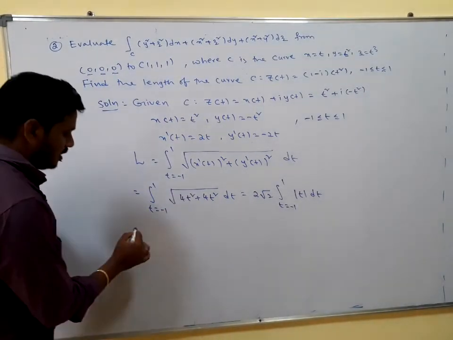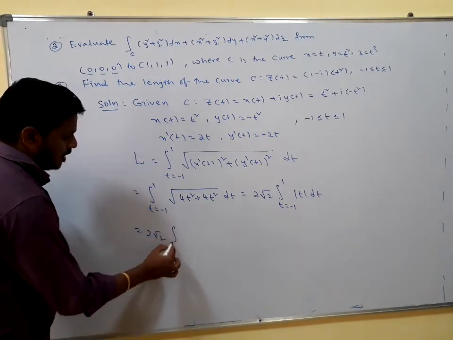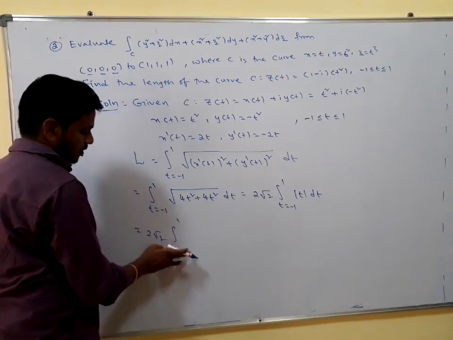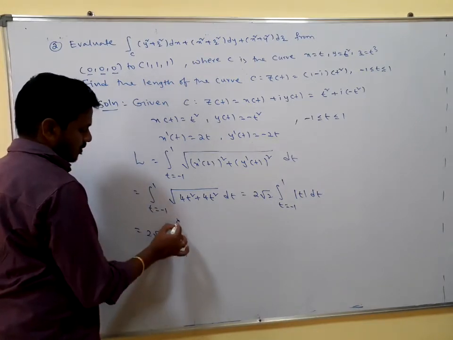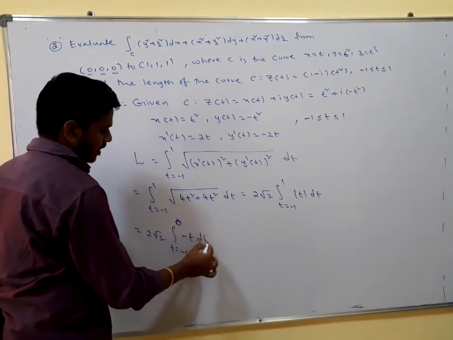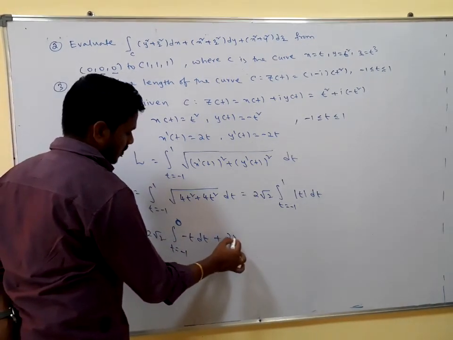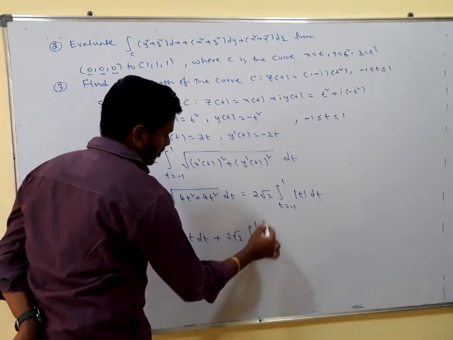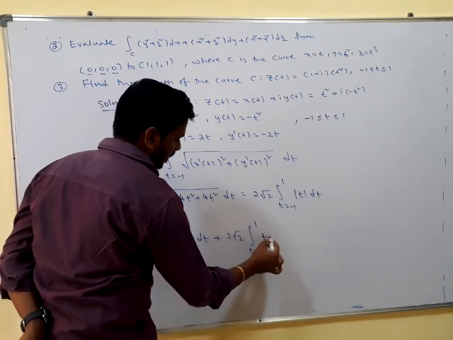Here we divide this into 2 root 2 integral from minus 1 to 0 of mod t, which is minus t dt, plus 2 root 2 integral from 0 to 1 of mod t, the positive, which is t dt.